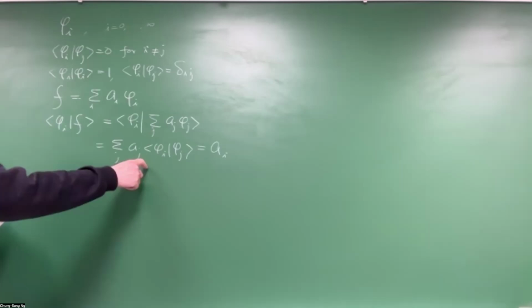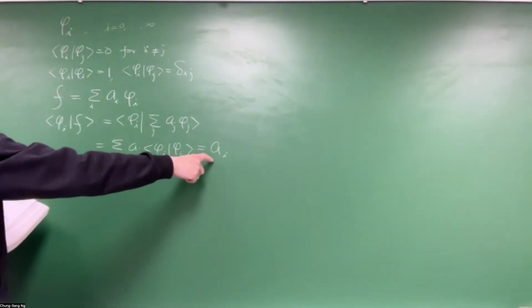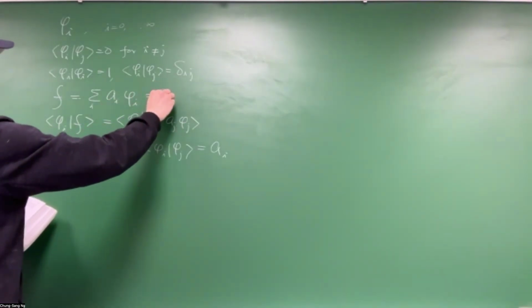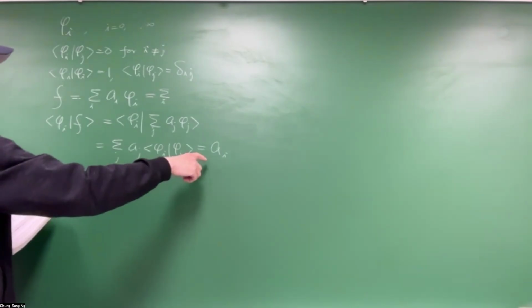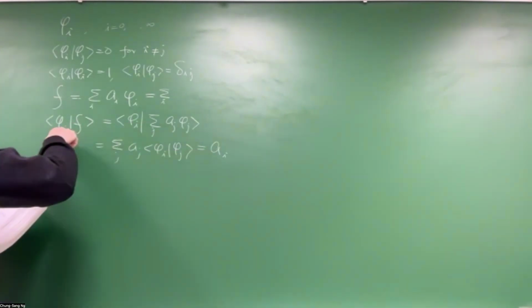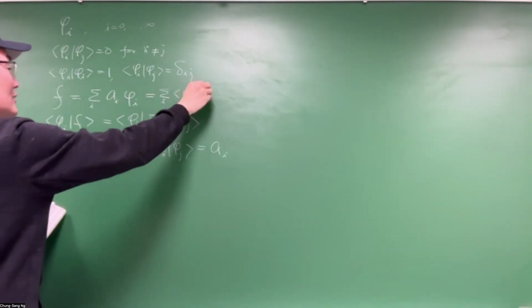Just like what we did for the Fourier expansion. We did that before. But once we have that, we can now substitute this back to here and write the sum over i, where this i is just this one.